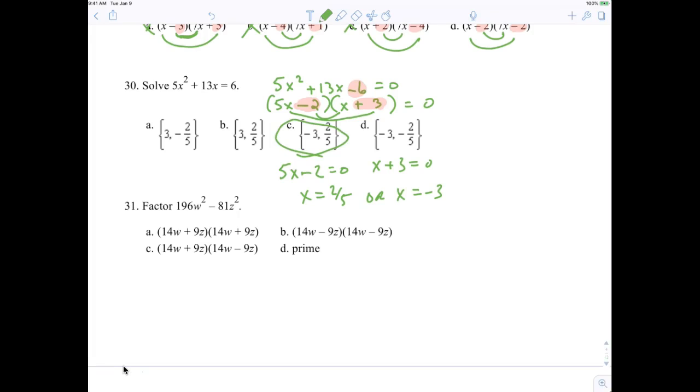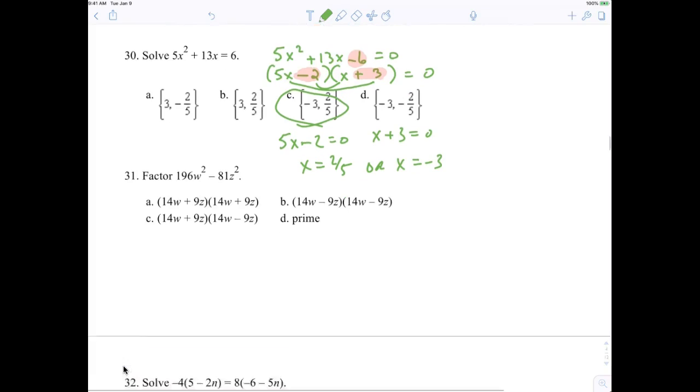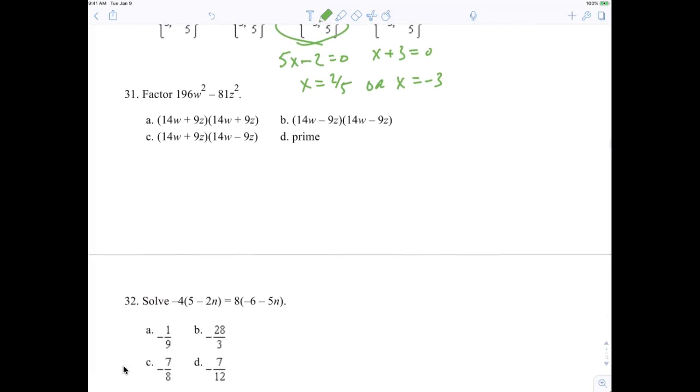All right. Really good job for today. I'm just going to go ahead and knock out 31, and then you guys can finish up on your own. Then we'll finish this up on Monday. So let's knock this one out. This one's the difference of squares. What times what is 196? 14. And how did I know for sure? Because I just looked at the answers.